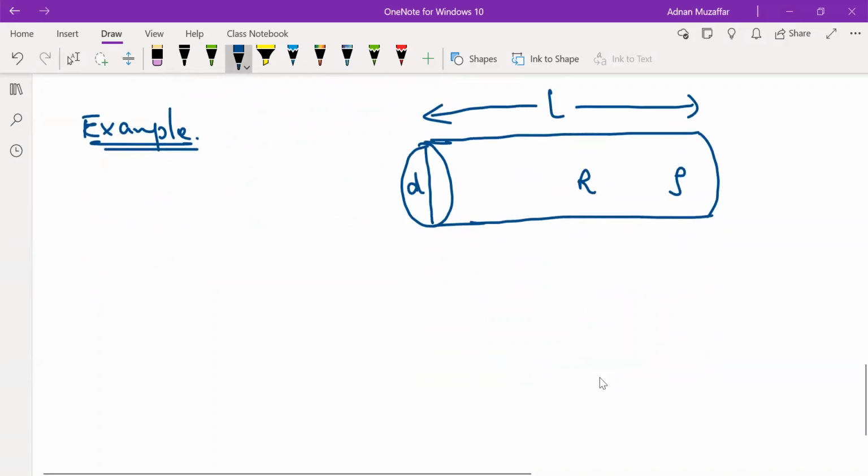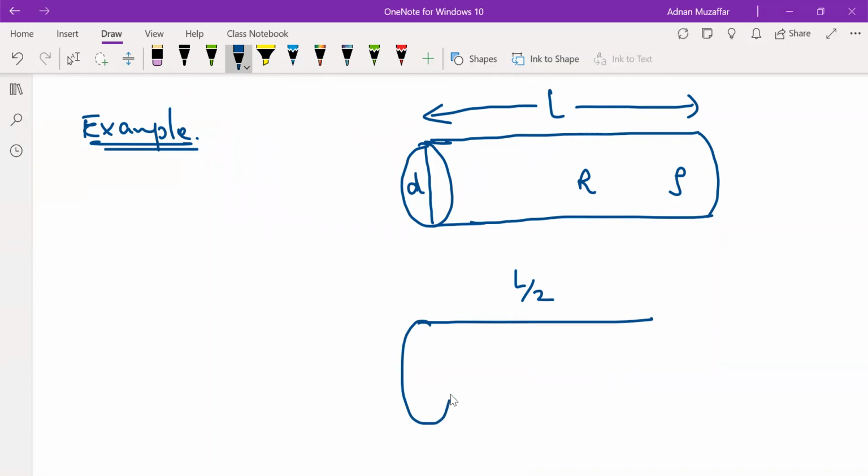If the type of material is the same and they are increasing or decreasing length, for example, if length is reduced to L by 2 and diameter is doubled, 2D, so what will be the resistance?